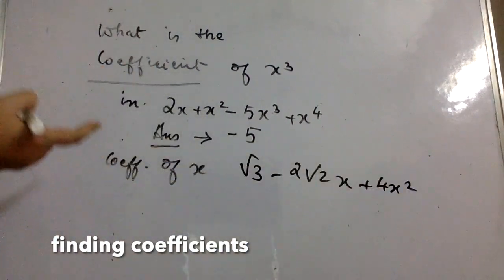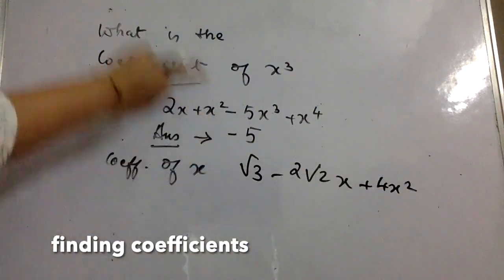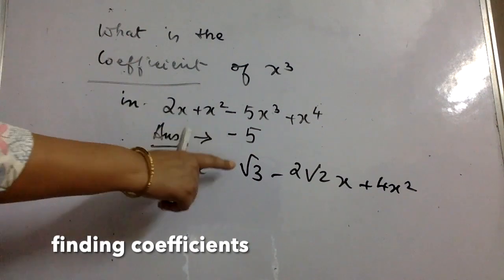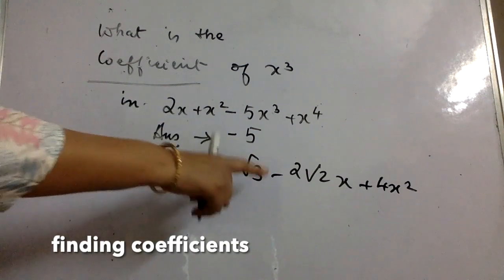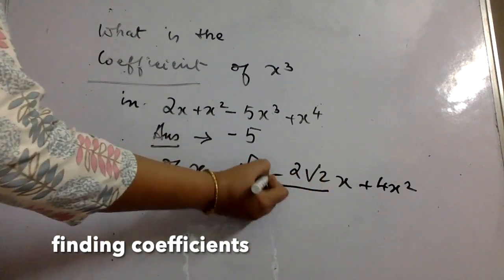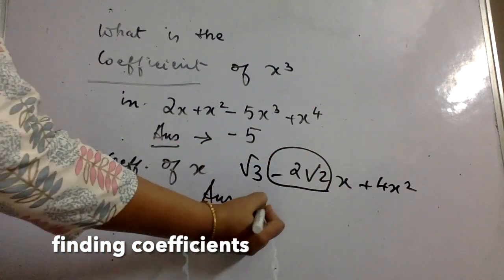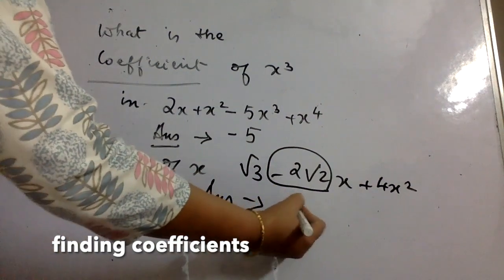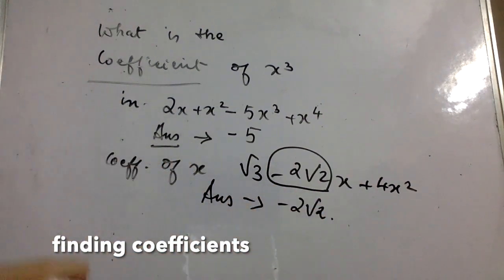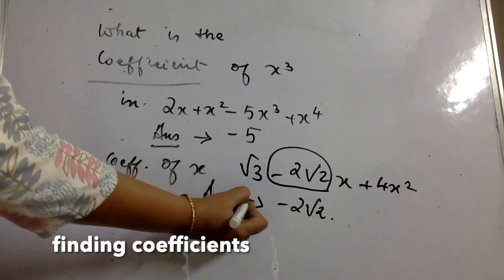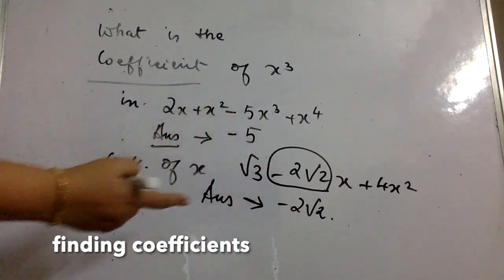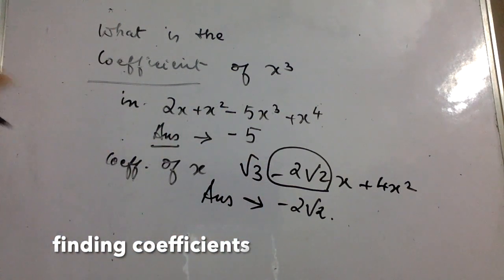So what is the coefficient of x in this? The coefficient of x in this is this much part. Don't write 2 root 2. It is minus 2 root 2. Okay, so the answer is minus 2 root 2. That is, you pick up the coefficient always with the sign before it.